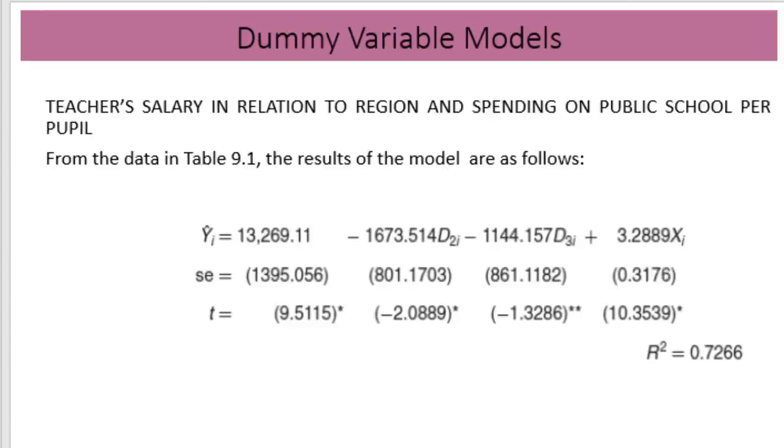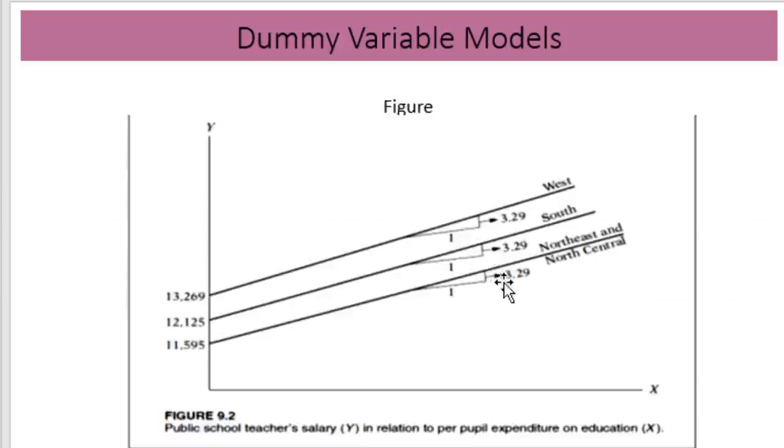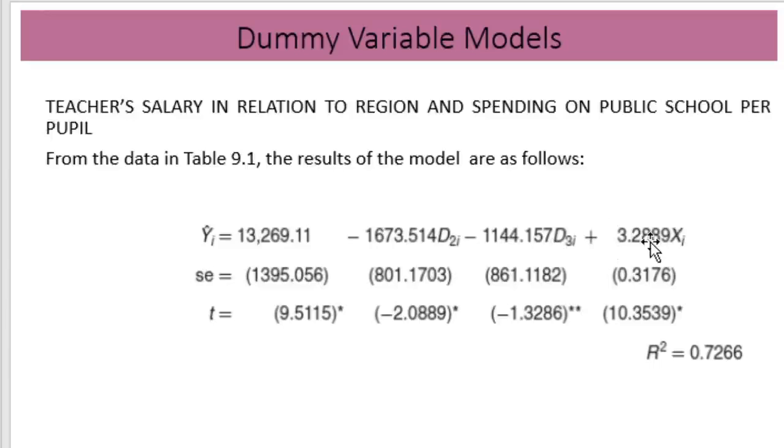The diagrammatic representation is given here. The slope for the increase in public expenditure is 3.29. The lines are parallel, because we have introduced only two dummy variables, in reference to the benchmark category. This is about the ANCOVA model. In the case of the ANCOVA model, there will be quantitative independent variables also within the model.